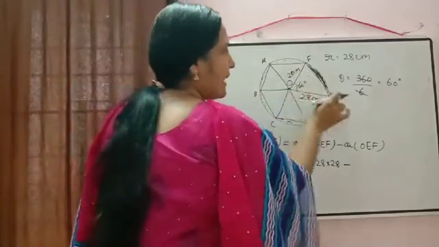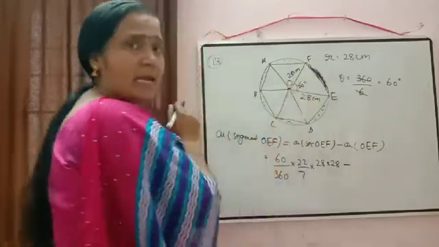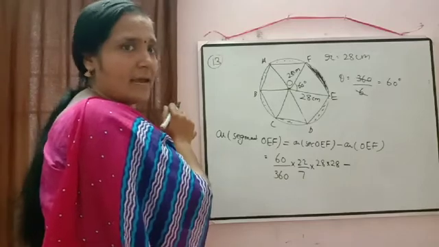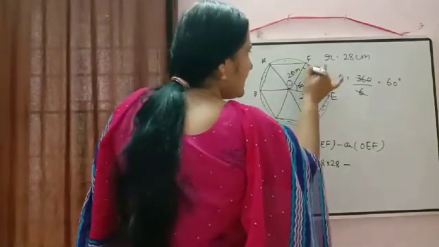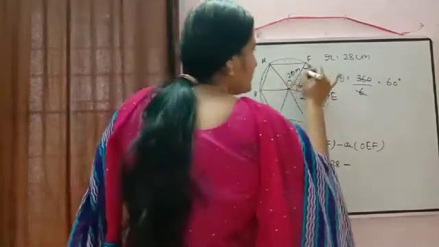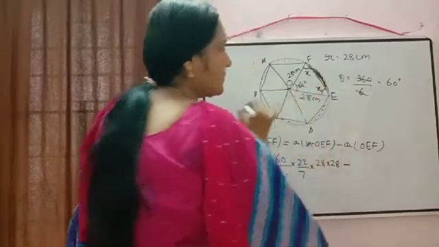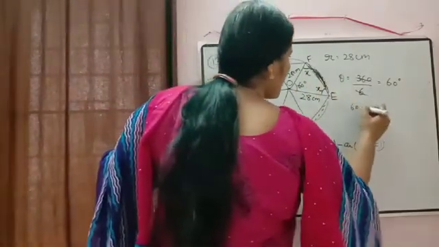At present it is an isosceles triangle. So if these two sides are equal, then angle E and angle F will be equal. So suppose if both I will take is equal to X, then using angle sum property, what will come?